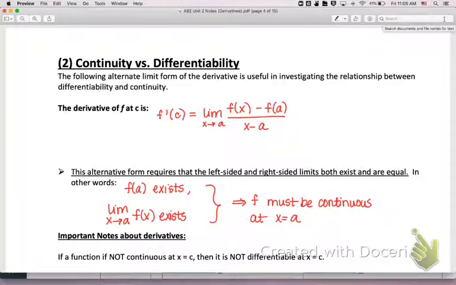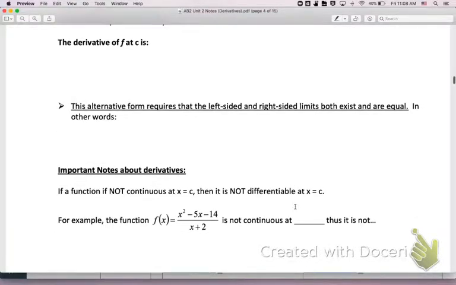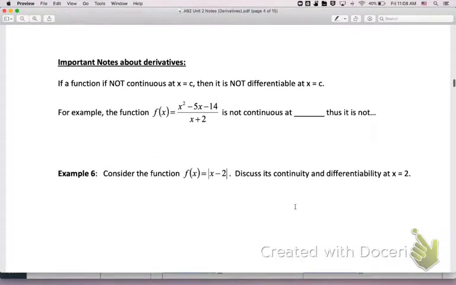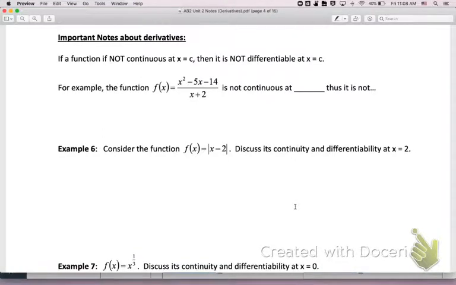Now, here's what is also important to know. If a function is not continuous at c, then it cannot be differentiable at c. That's really, really important. I'm going to say it again. If a function is not continuous at a specific value, then it is automatically not differentiable at that specific value, okay?